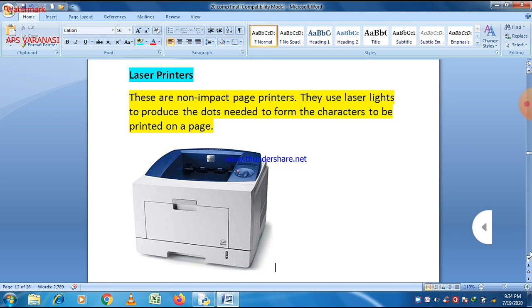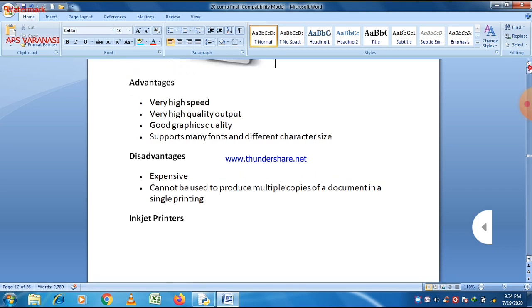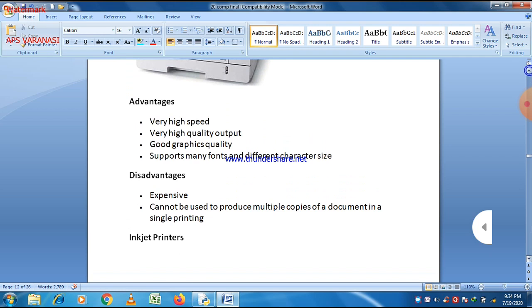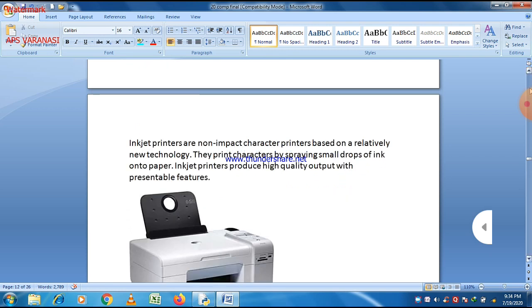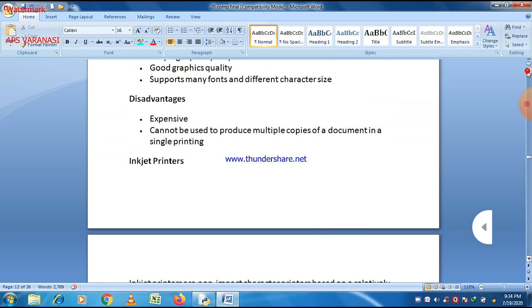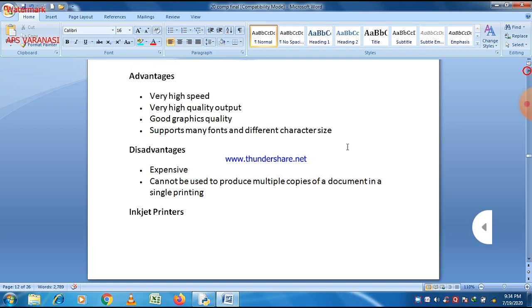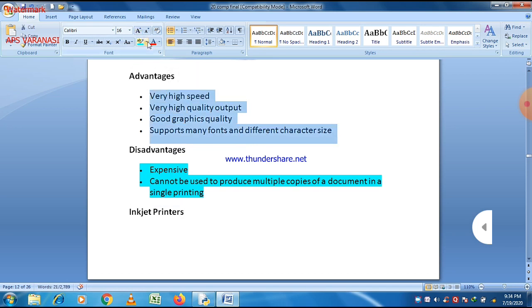Advantages and disadvantages of laser printers. First of all, let us discuss the advantages.